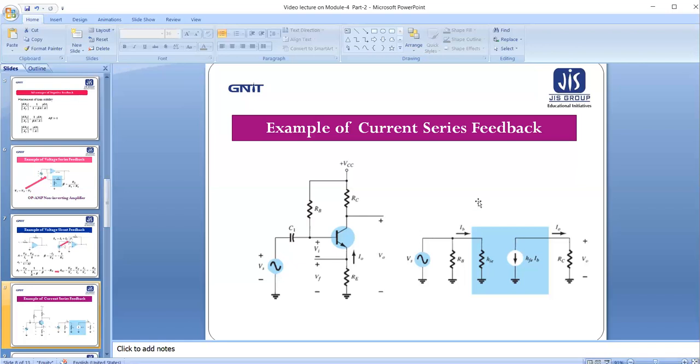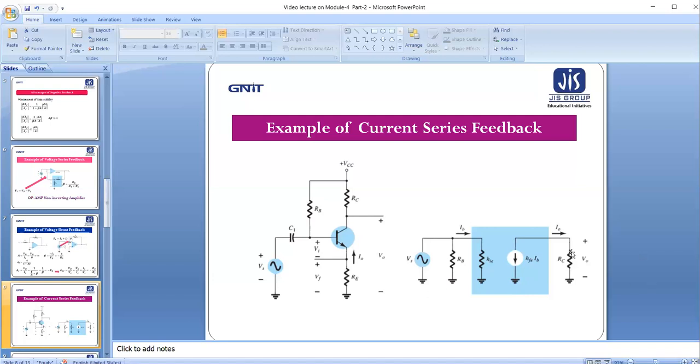However, the equivalent H parameter model will look like this. Vs, RB, this is the HIE because this is the internal resistance. This is HFE, IB and RC. It is the H parameter model without the RE resistance.